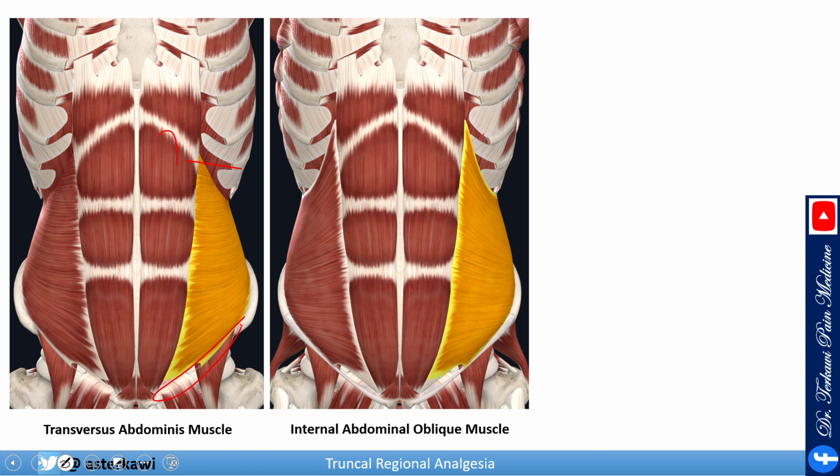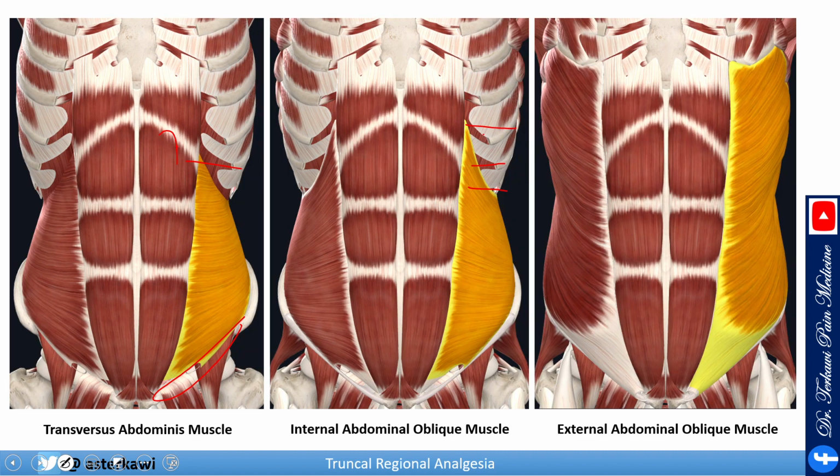So from here 10, 11, 12, and it is innervated also by the same innervation as the transversus abdominis, which is intercostal nerve T7 to T11, and subcostal nerve branch from T12, as well as iliohypogastric and ilioinguinal. And its function, it helps to stabilize the pelvis and also flex the trunk.